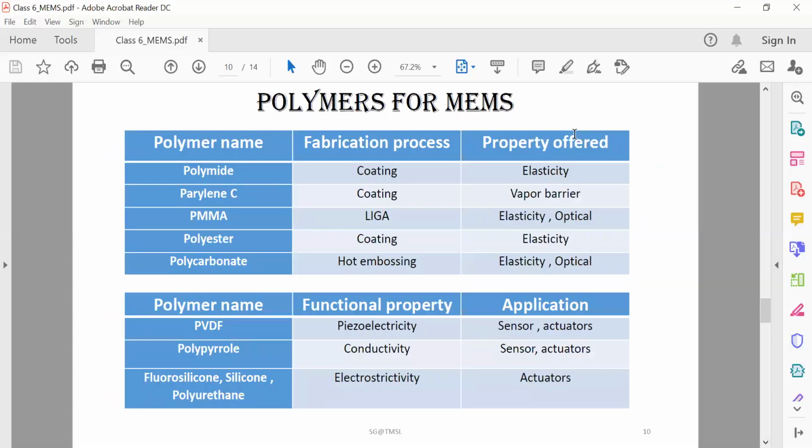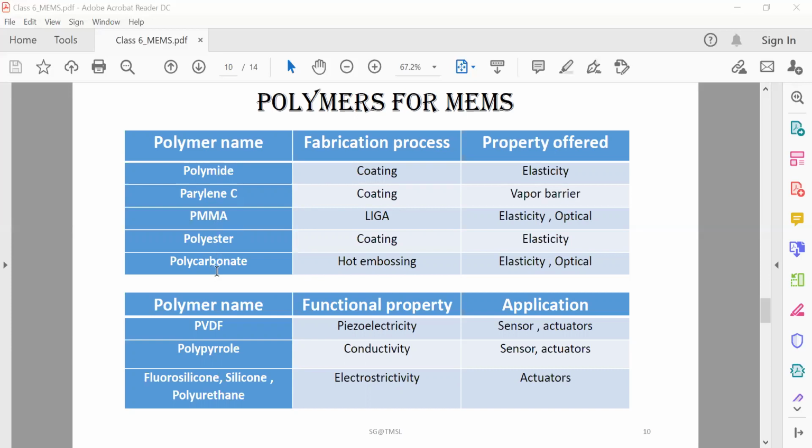This table shows the properties of the polymers and their fabrication techniques, and in which case each is used as a MEMS device. Some of the polymer names I'm showing here: polyimide, Parylene C, PMMA, polyester, polycarbonate.